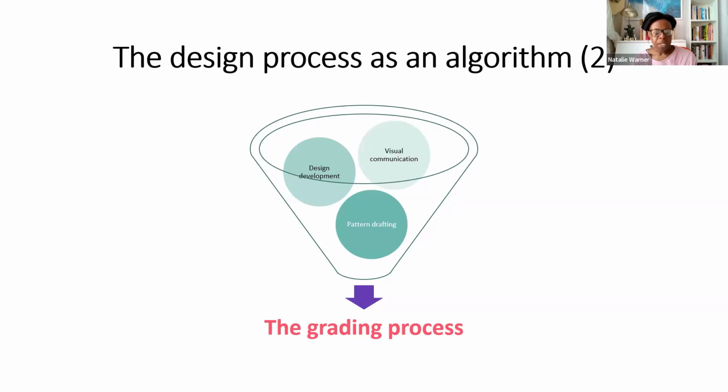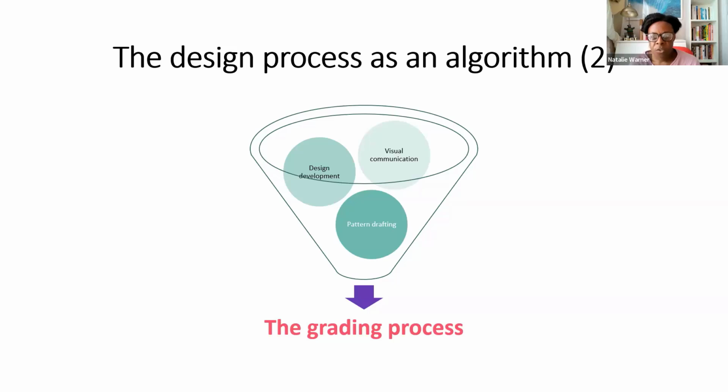So the other thing that I want to point out is that I've been showing things in a linear fashion just for clarity, but I chose the funnel here because sometimes it is not always that straightforward. You might be going back and forth between different stages, revising as you go through each stage, because you've learned something in one phase that is based on information you didn't have before.